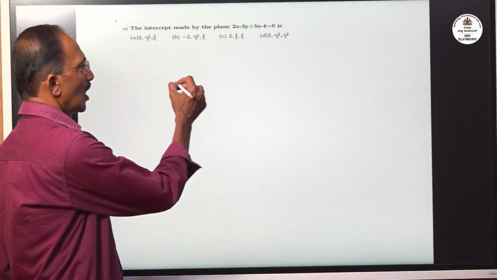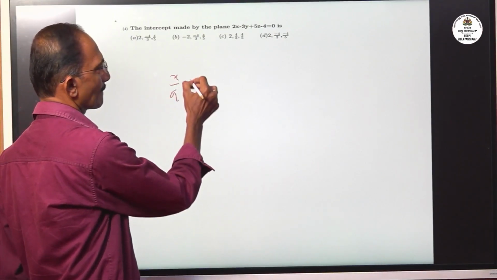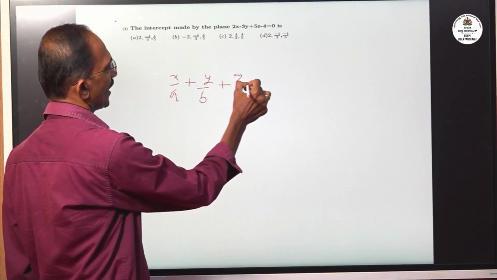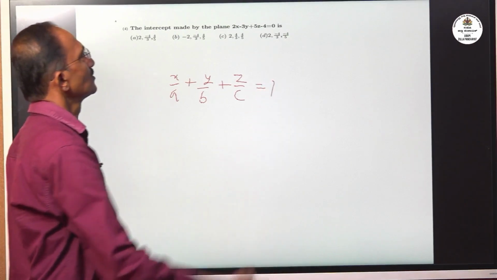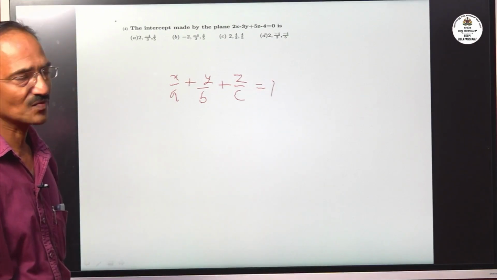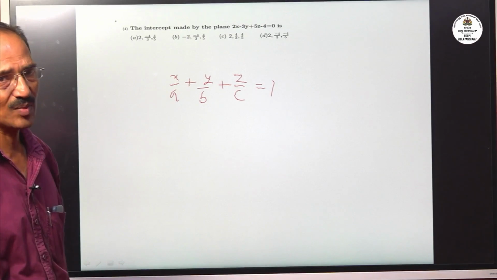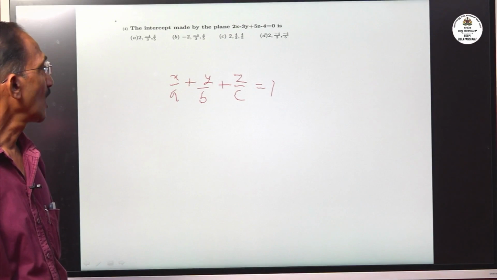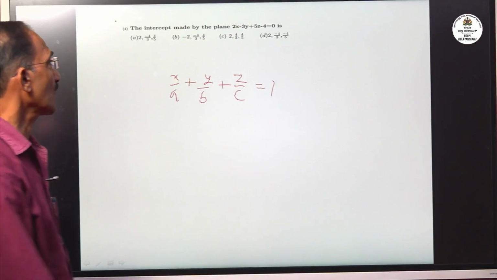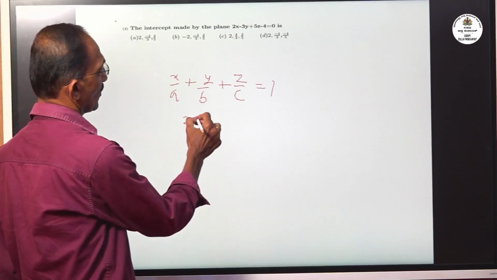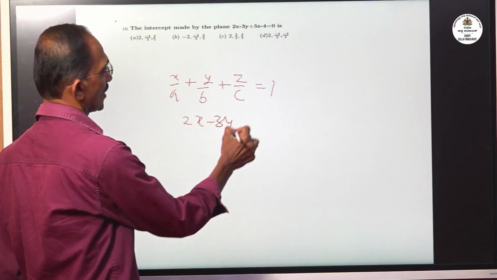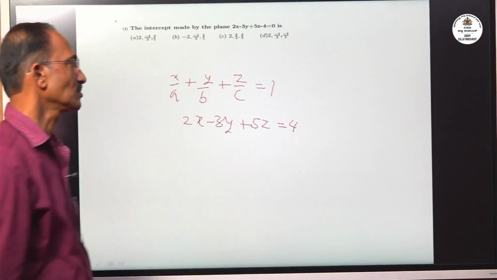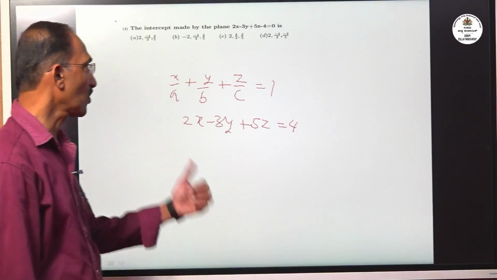You know x by a plus y by b plus z by c equals 1 is the intercept form of the equation of the plane, where a, b, c are the intercepts made by the plane with the x, y and z axes. Now consider the given equation 2x minus 3y plus 5z, write it as equal to 4 and divide throughout by 4.